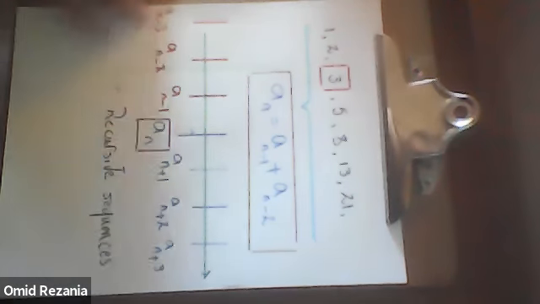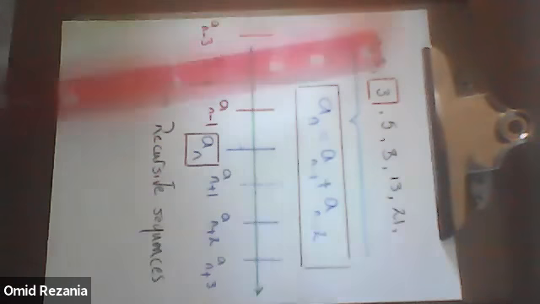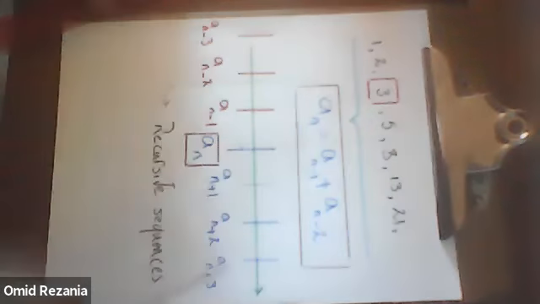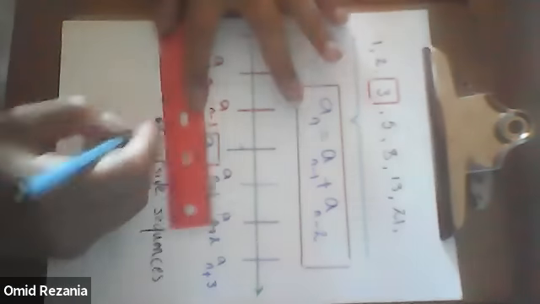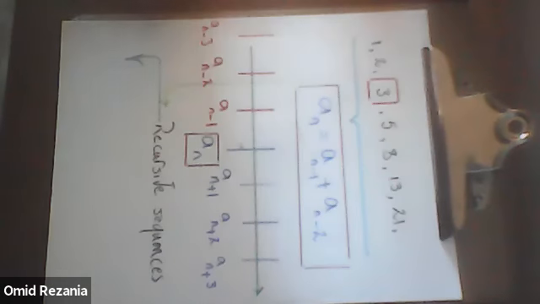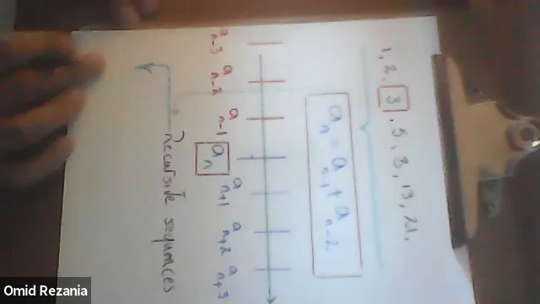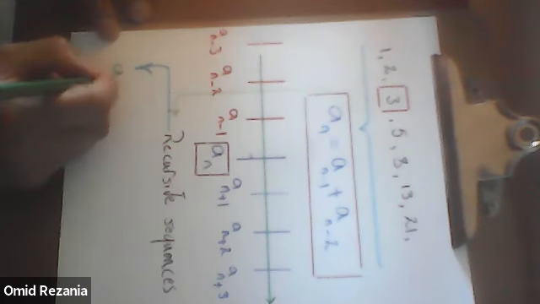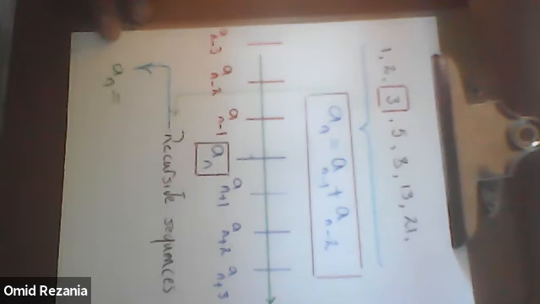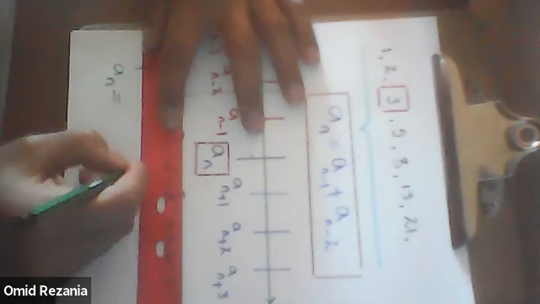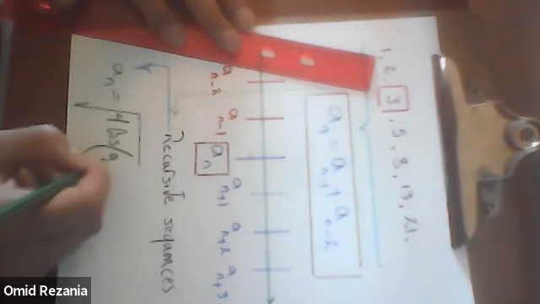Or, as another example, I'm going to show you this one. I define a recursive element and say that each element AN is represented as, let's say, I'm going to make it very crazy, the square root of 4 times the cosine of AN minus 1.